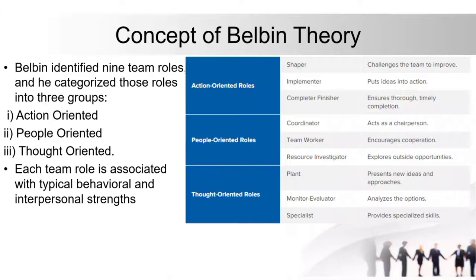Each team role is associated with typical behavior and interpersonal strengths. Action-oriented roles are shaper, implementer, and completer finisher, while people-oriented roles are coordinator, team worker, and resource investigator. Lastly, thought-oriented roles are plant, monitor evaluator, and specialist.